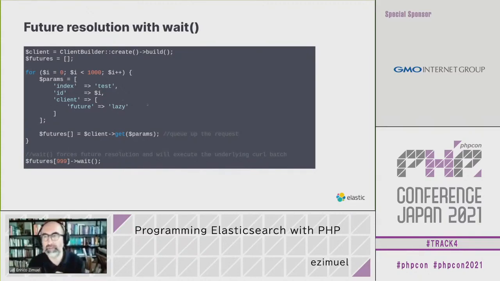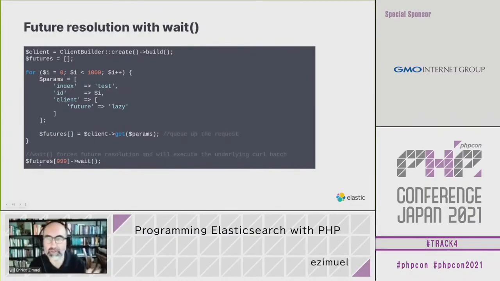When you want to read a specific result, for instance, document number 999, the last document in this array, you can just perform a wait. When you perform a wait, here we are blocking, we are waiting for the response of the last document in the array.